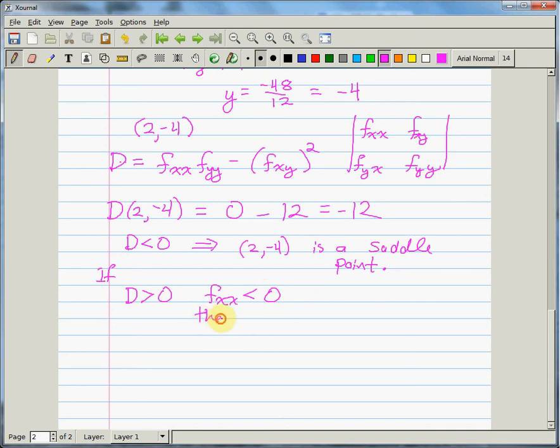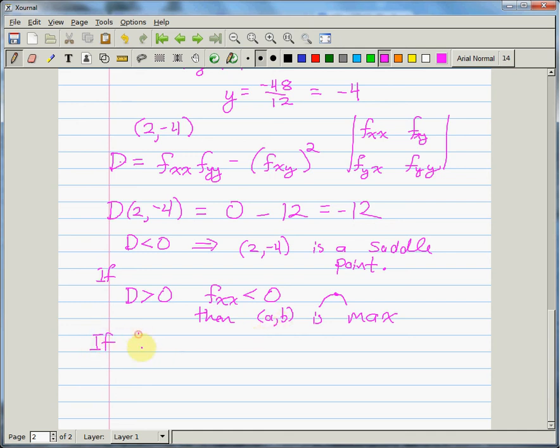Then, just like in calculus 1, if the second derivative were negative, that would mean concave down, and concave down means that a critical point is a max. Then local maximum occurs at (a, b).